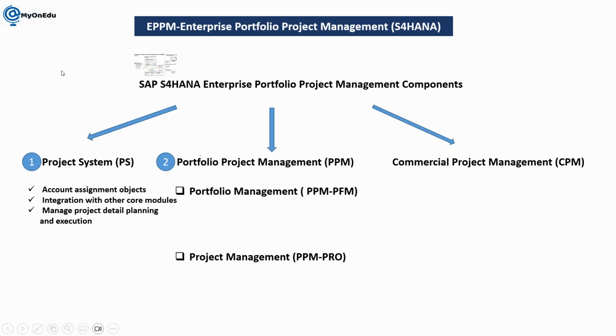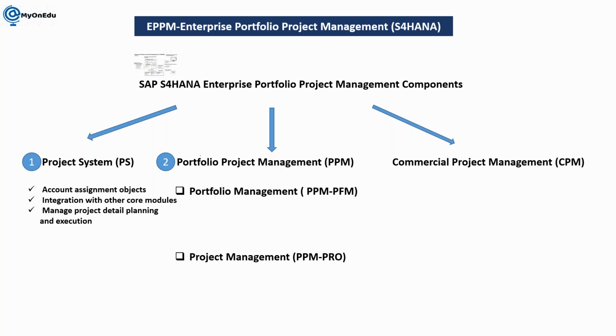These 2 modules were combined to make Portfolio and Project Management. Portfolio management is basically XRPM, and they added functionality to make it more stable. Similarly, project management is cProjects. That's why it has 2 subcomponents to design this module.